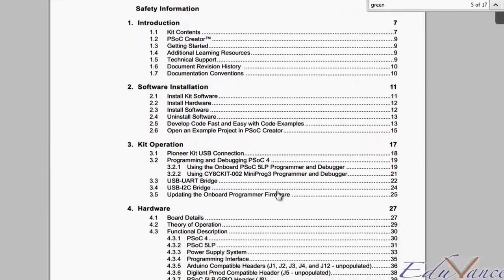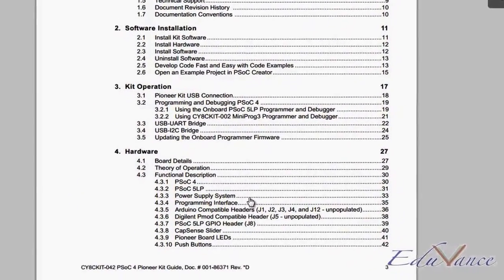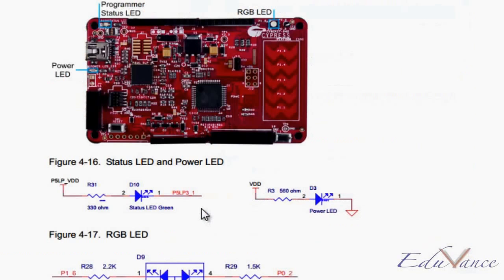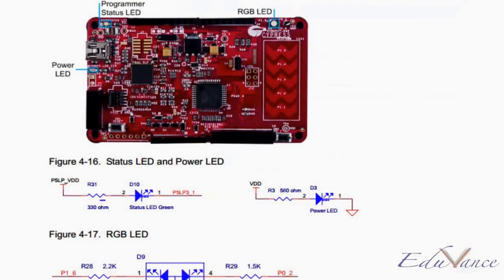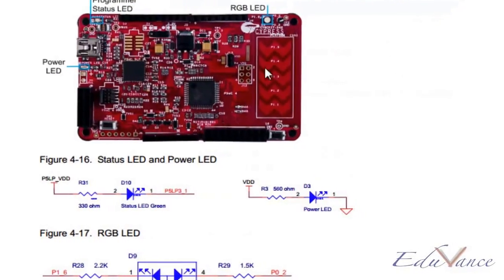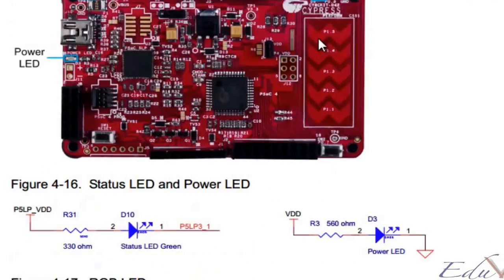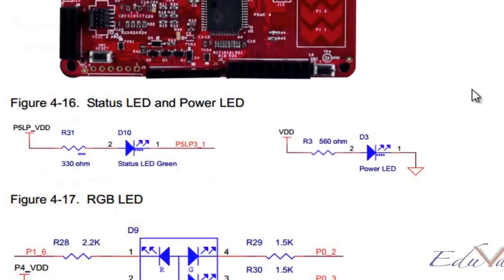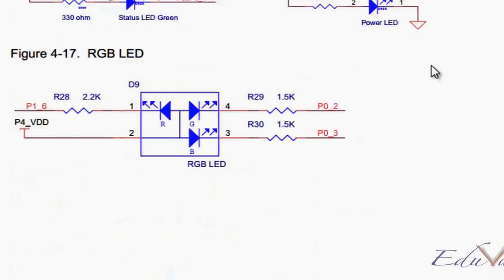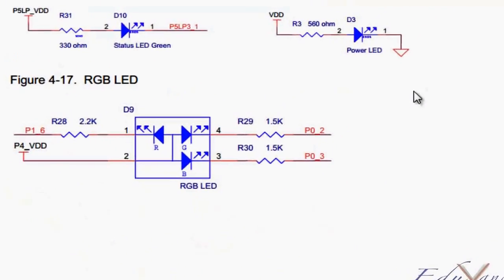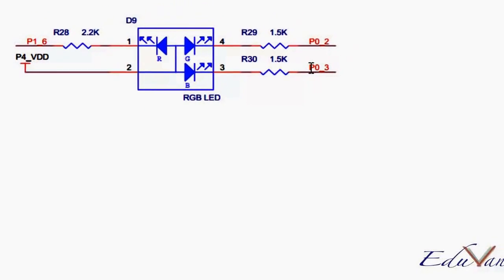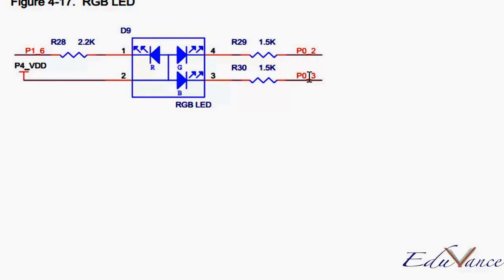So let's go ahead and look at the LEDs. There are a few LEDs on board. There are 3 which are combined into one RGB. Those LEDs are connected to P16, P02, P03.